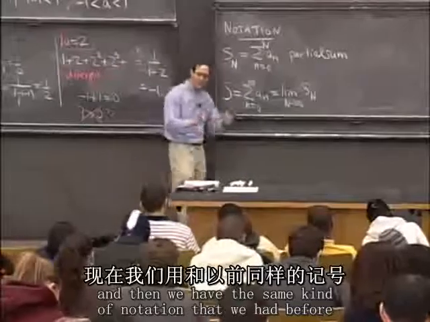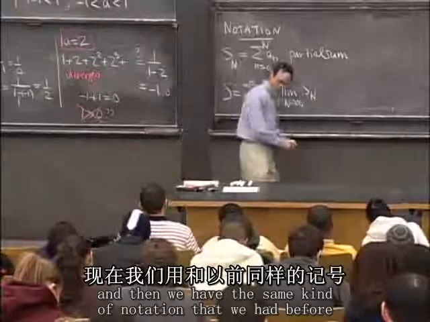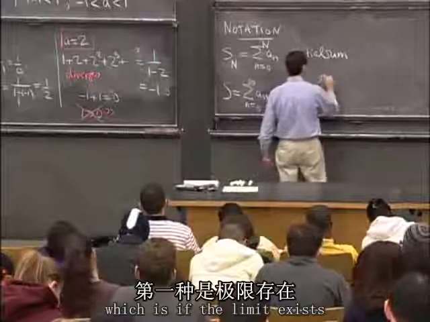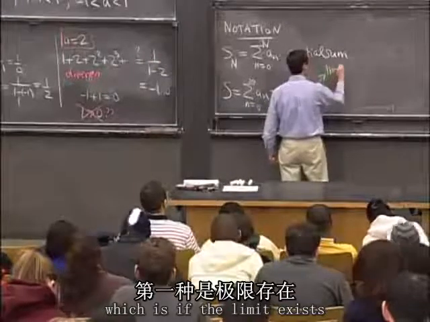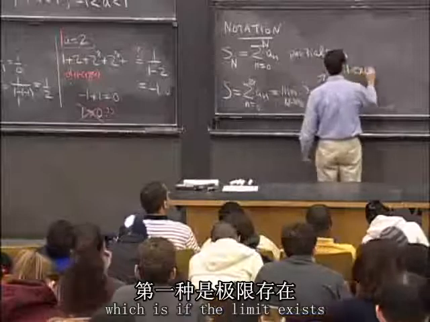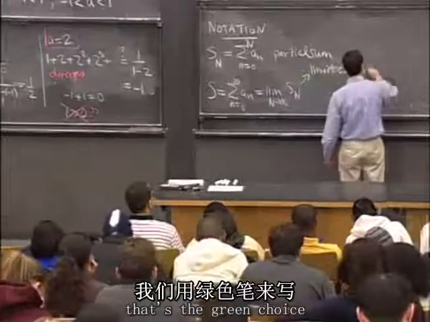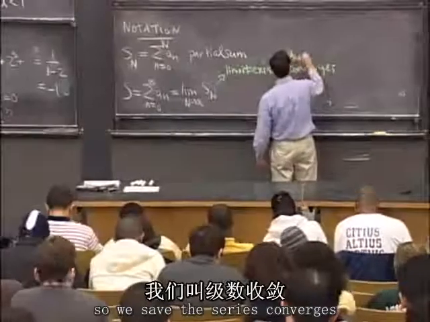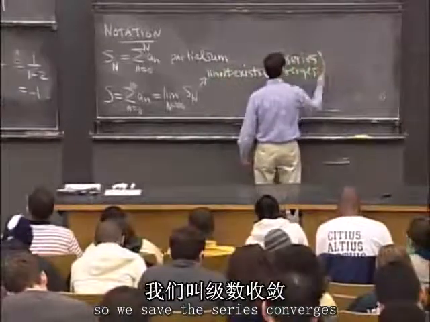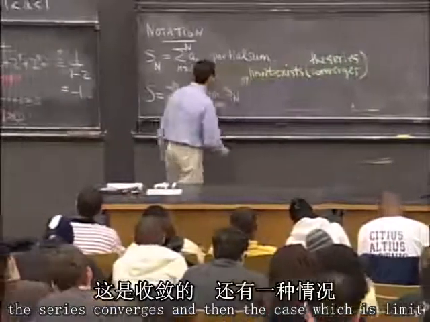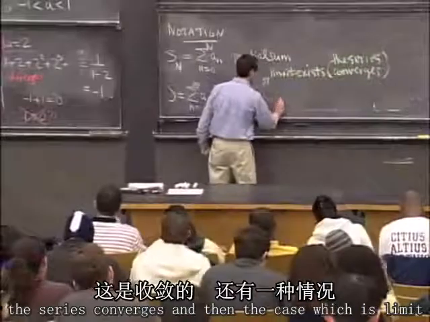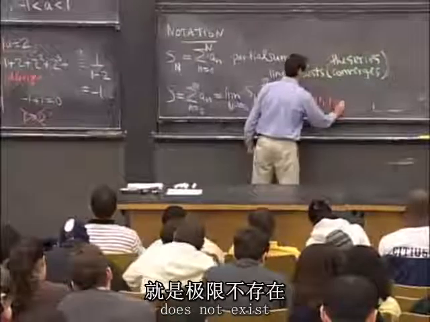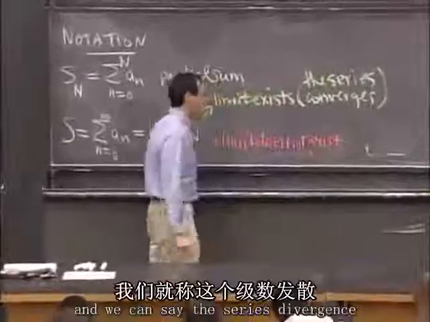And then we have the same kind of notation that we had before, which is that there are these two choices. If the limit exists, that's the green choice, and we say the series converges. And in the other case, the limit does not exist, and we say the series diverges.